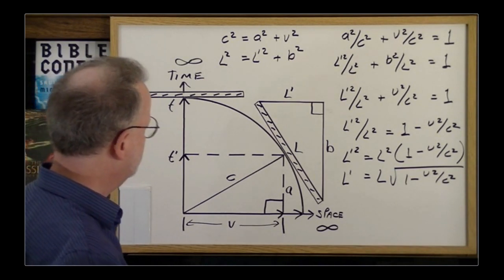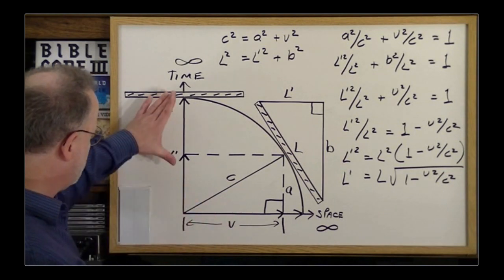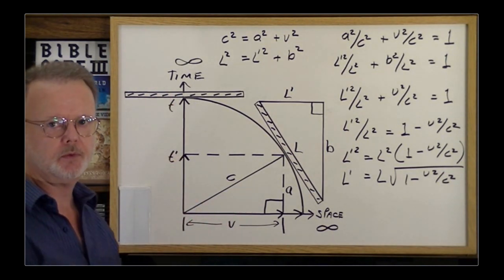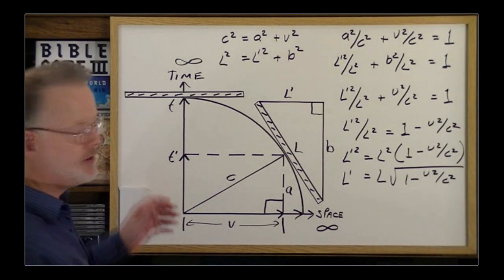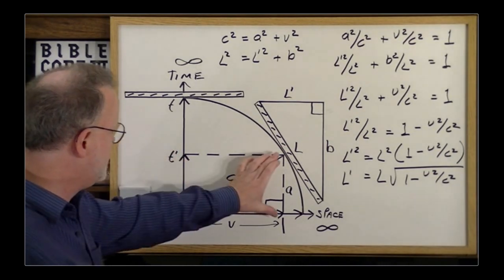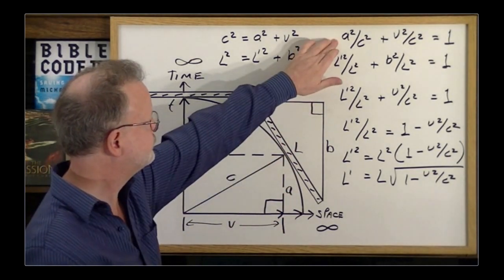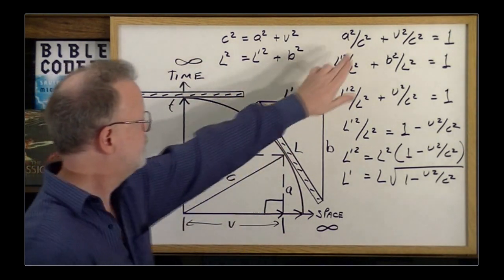Okay, now it would also be nice to be able to calculate, based upon velocity and this constant motion, how much time is going to slow down depending upon those two factors. Well, that's easy to do. We'll use substitution again. You notice that t prime is equal to a. And the length of t is the same length as c.